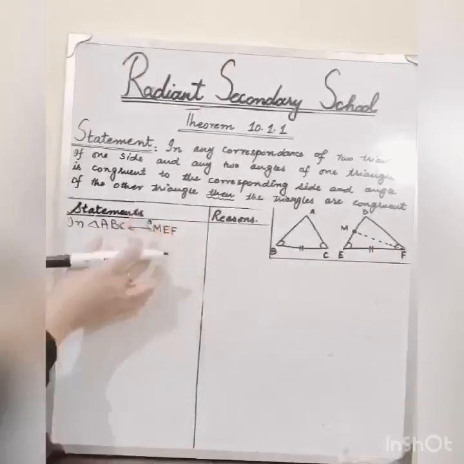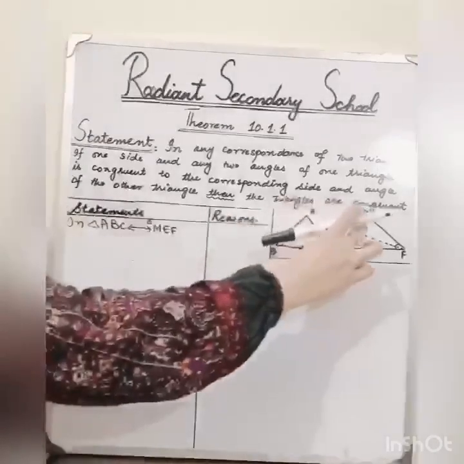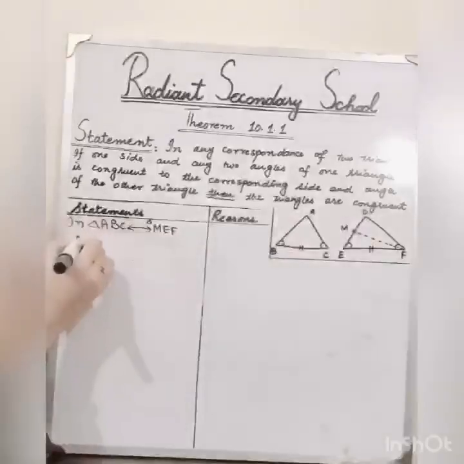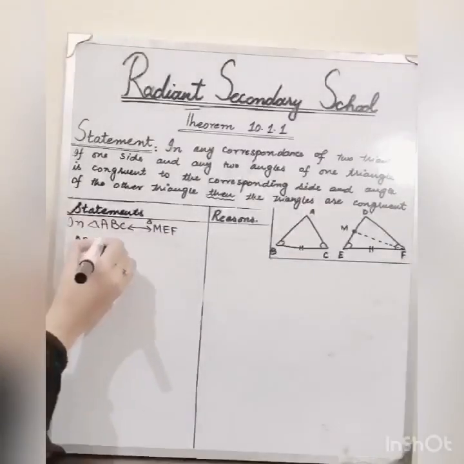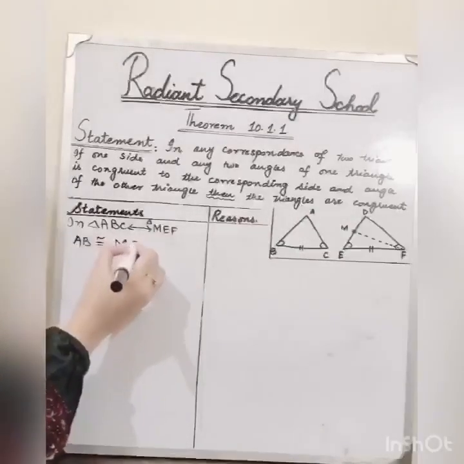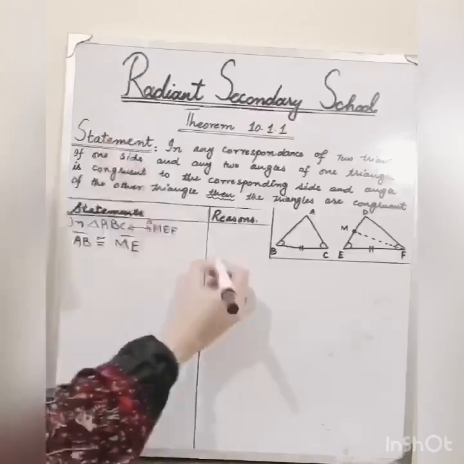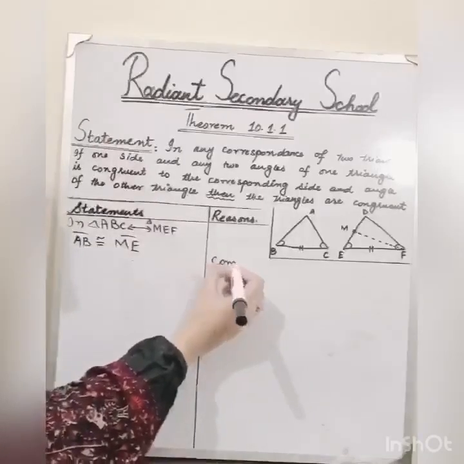So we will prove the correspondence between these two triangles. Firstly, AB is congruent to ME. This side is congruent to this side. As this point M comes from the construction, you will write in the reason: construction.